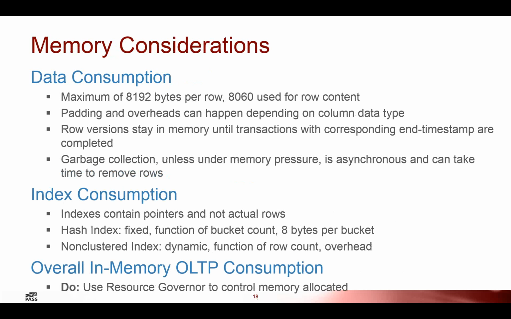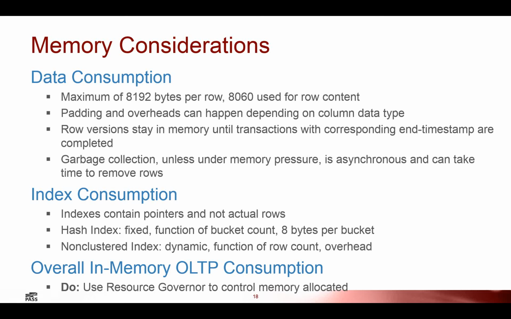Now, once you choose the index structure, to choose the index options, you want to think about how much memory this is going to take. Each row in a memory optimized table takes a maximum of 8 kilobytes, 8192 bytes, and only 8,000 bytes are used for row content. The other thing is, because we use this multi-version concurrency control mechanism, row versions may stay in memory until they are garbage collected.